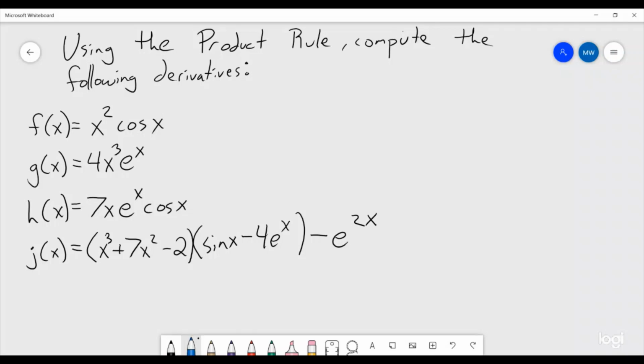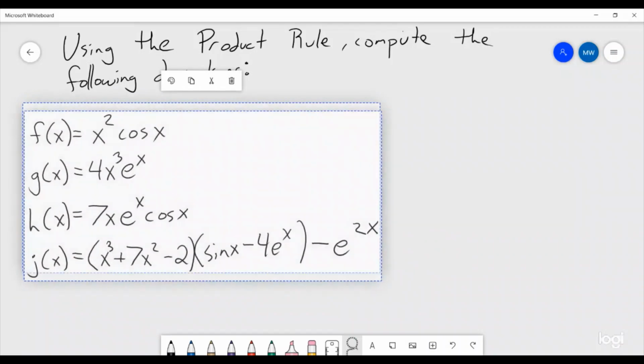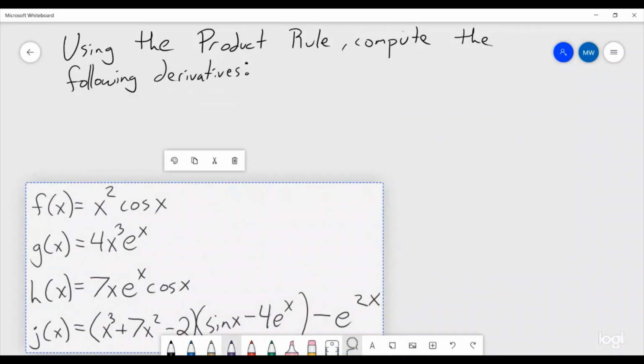So let's start at the top. That's a very good place to start. So we got f prime of x is, now the product rule, let's write that down real quick. Let's just remind ourselves what the product rule is. Okay.